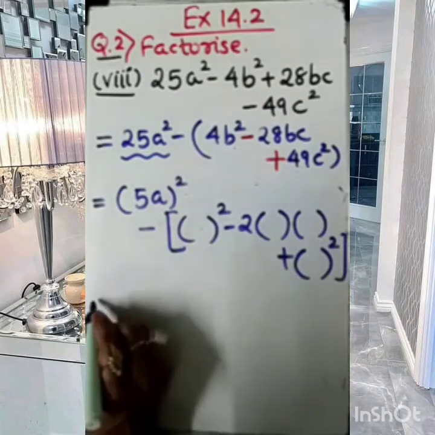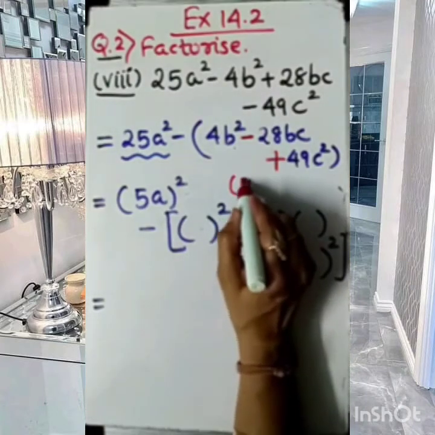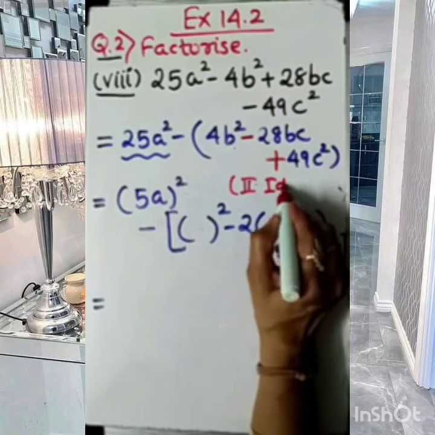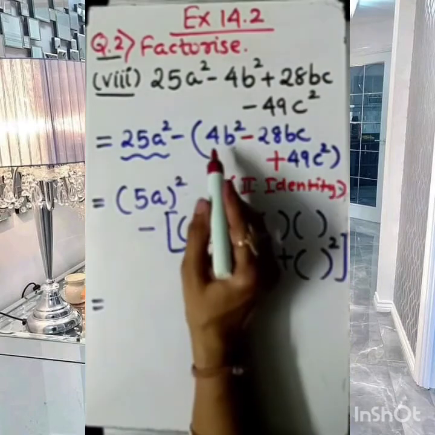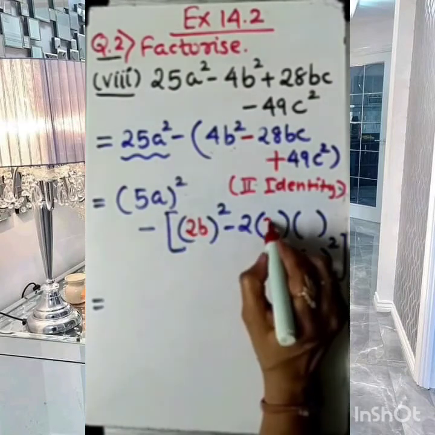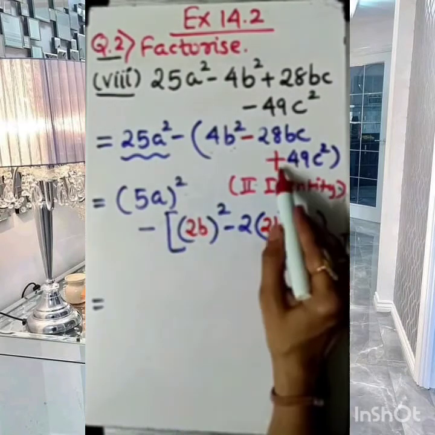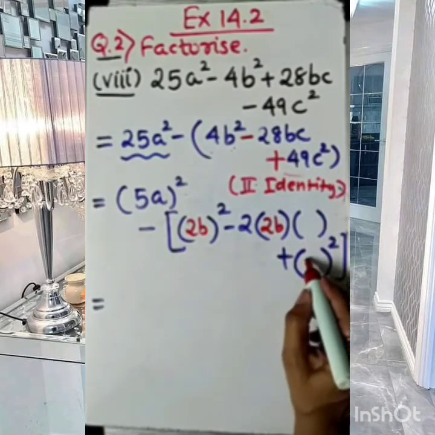Right? What I have done? I applied here second identity. Okay? So I'm mentioning it here also. Second identity I used here for this second step. Now, according to that, we know 4b square is a perfect square of 2b. This I need to mention 2b. And the last is 49c square, which is a perfect square of 7c.